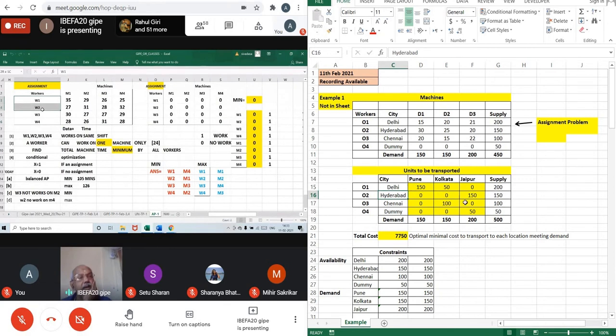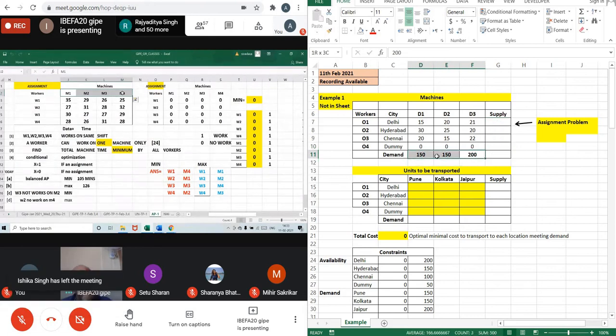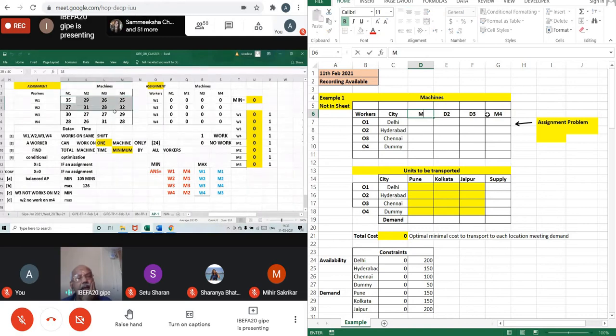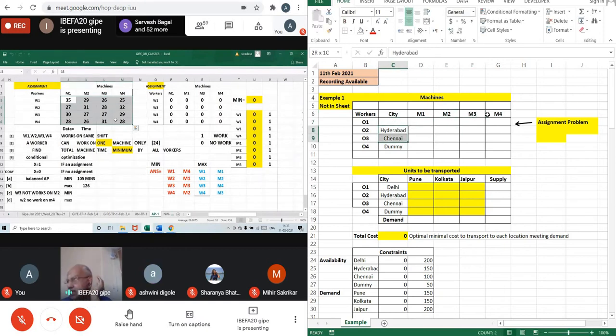There are 4 workers and 4 machines. The data is time in minutes to complete a task.